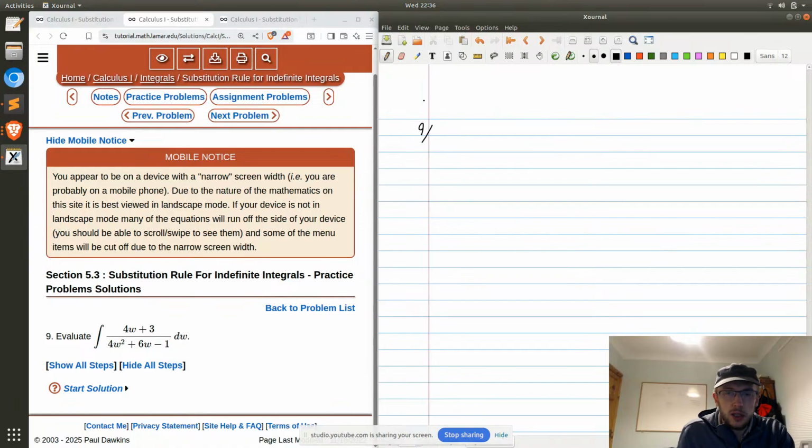Now, I could do it that way, but I really do want to get almost muscle memory about this.